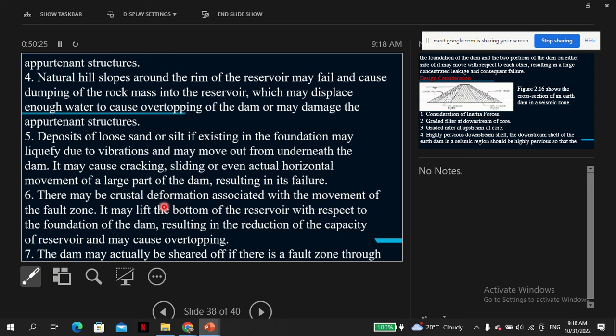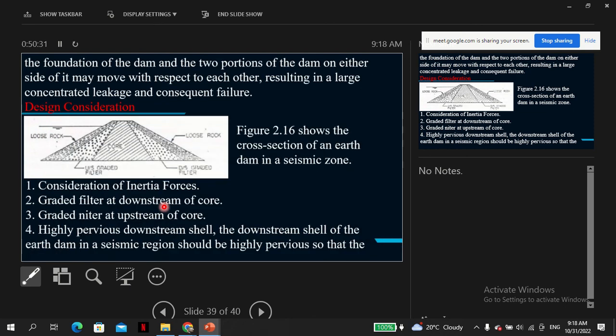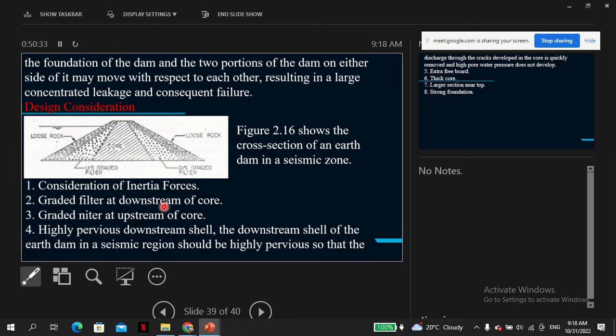The dam may actually be sheared off if it is on a fault zone. Of course, the foundation of the dam and the two portions of the dam on either side of it may move with respect to each other, resulting in large concentrated leakage and consequent failure. You guys probably have watched, I think there's a lot of movies about this.